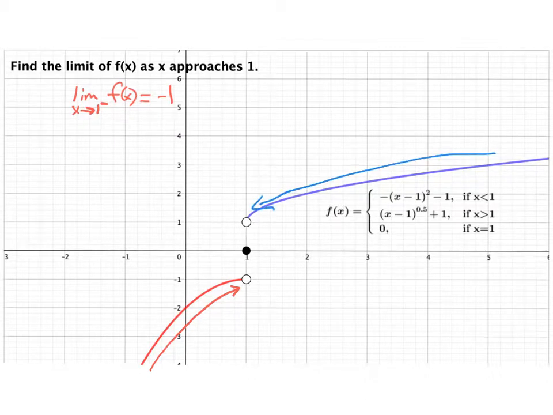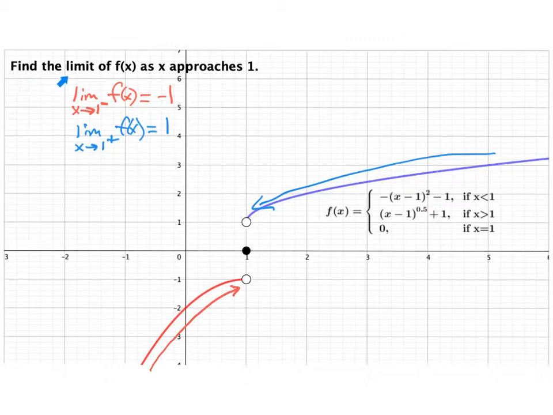We can see that as x is approaching 1 from the right, the y value is approaching 1. So we write that limit as x approaches 1, and we use the positive sign in the exponent position to indicate values greater than x equals 1, of f of x, and we saw that that was 1.